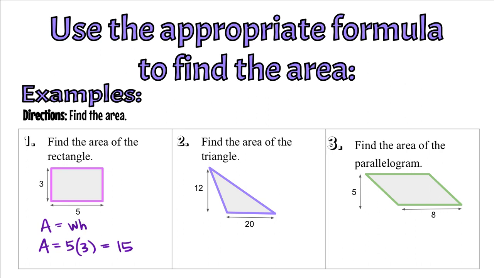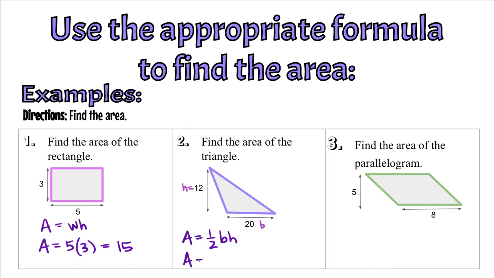Let's try to find the area of the triangle in number 2. If we remember, the area of the triangle formula is 1/2 base times height. So here in this triangle, our base is going to be 20 and our height is going to equal 12. So we want to plug those values into our equation.